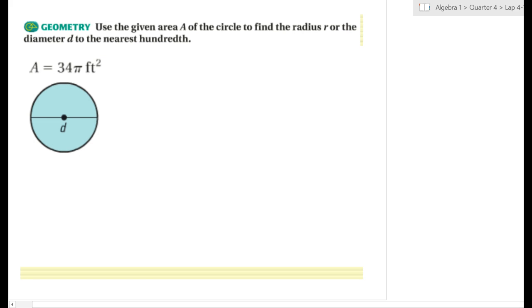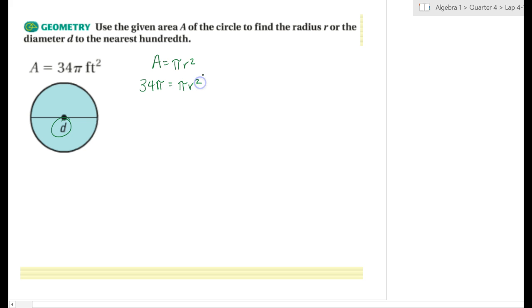Alright, last one. So we're using the given area to find the radius or the diameter to the nearest hundredth. Well, in this case, I'm just looking for the diameter. So if we remember, area of a circle is what? It's pi r squared. Okay? And I know my area to be 34 pi.